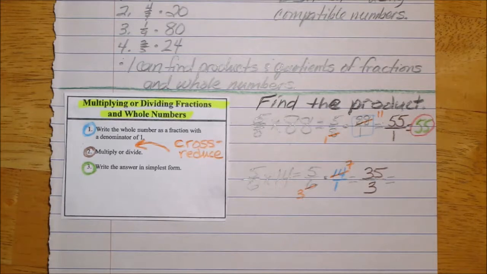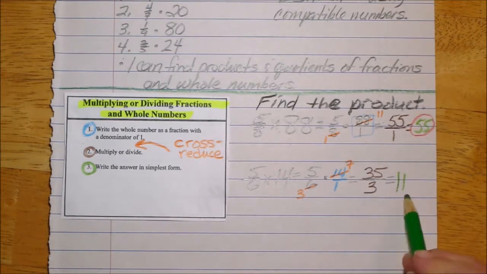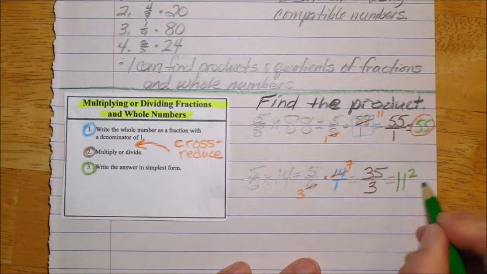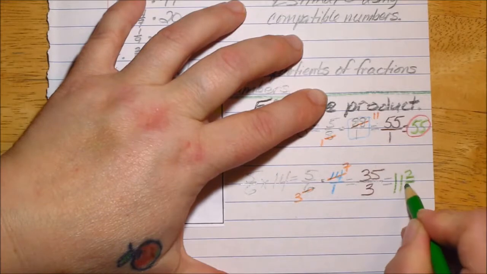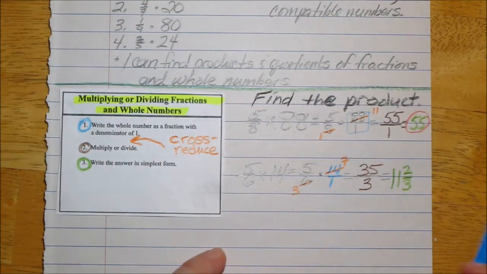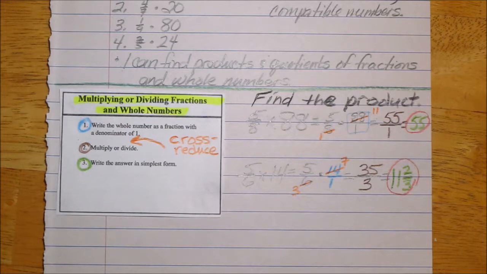Well, 3 can go into 35 11 times, because 3 times 11 is 33. That leaves me with 2 left over. And I just scooch over the denominator for the final answer. 11 2/3 is simplified, so I can circle that as my answer. All right, so those are 2 examples for how to find the product.